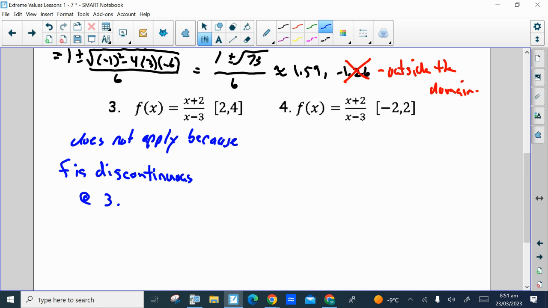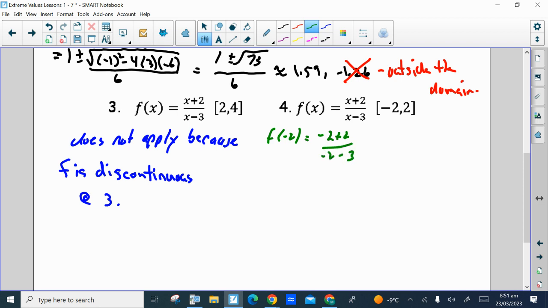But for number 4, it's the same function. What's changed, though, is the domain. This domain goes from negative 2 to 2, so the function is continuous in that domain because, again, our non-permissive value is at 3. So in this case here, it will work. So we need to find out what f at negative 2 and positive 2 is.